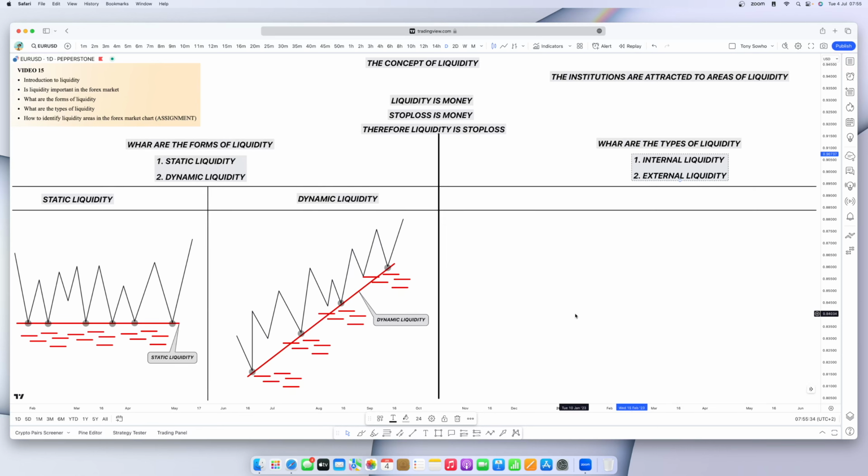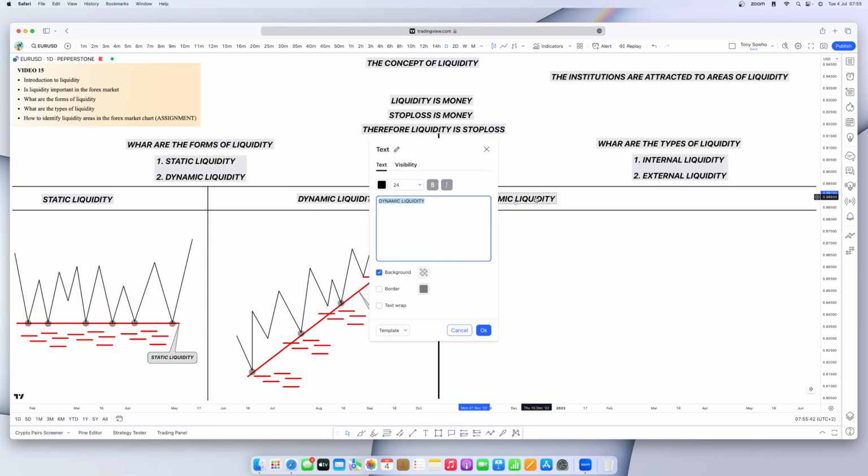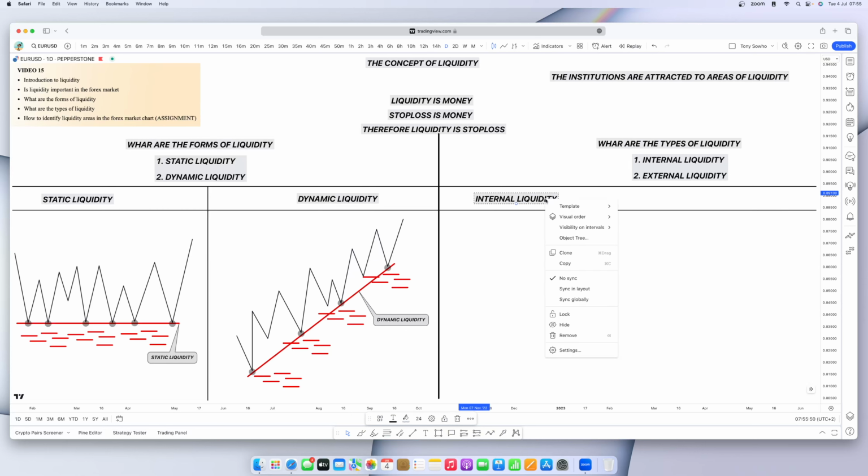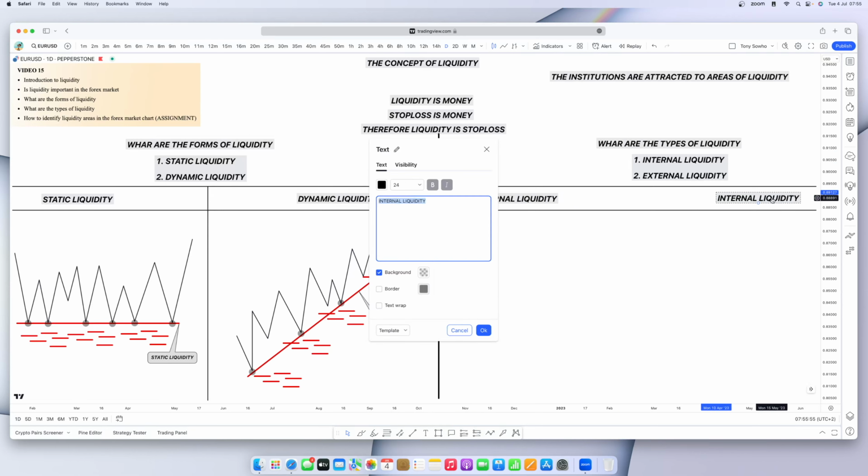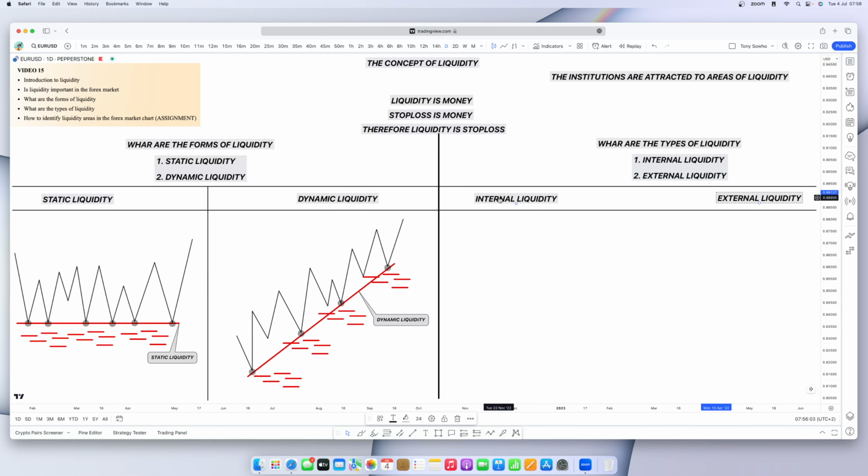So now, I'm going to bring this here and then we divide that into two also. So we have this area now as internal liquidity, and we have the other side as the external liquidity. Exactly. We can come and then divide.